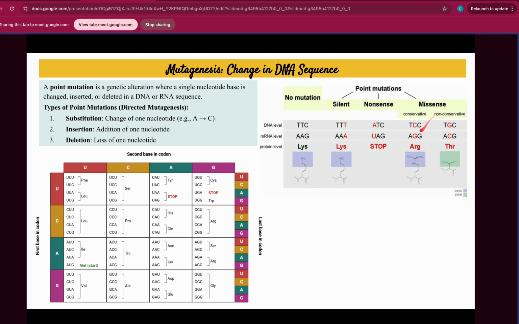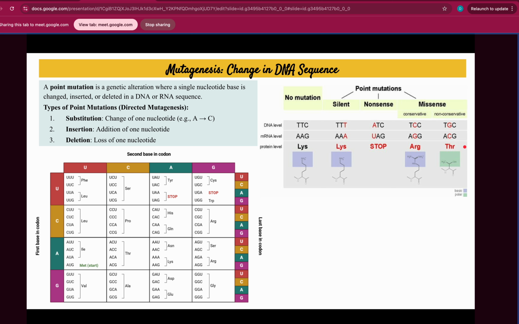Missense means the mutation in the nucleotide will change the amino acid, but if that amino acid has the same physicochemical properties, for example, lysine was a basic amino acid which is positively charged, and arginine is also a positively charged amino acid, this means the property is conserved. So this is known as conservative missense mutation.